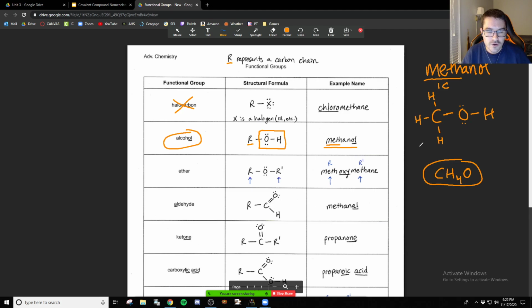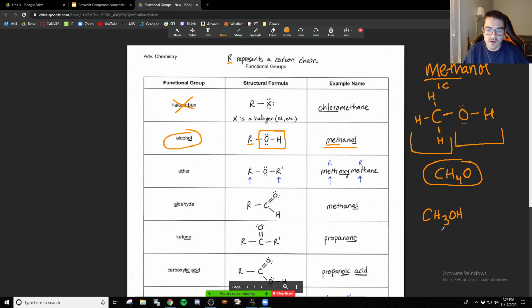I'm not going to ask you to do this, but basically what they do is they put this structural formula in left to right groups. So this group right here would be CH3, and then this group here is your alcohol, OH.